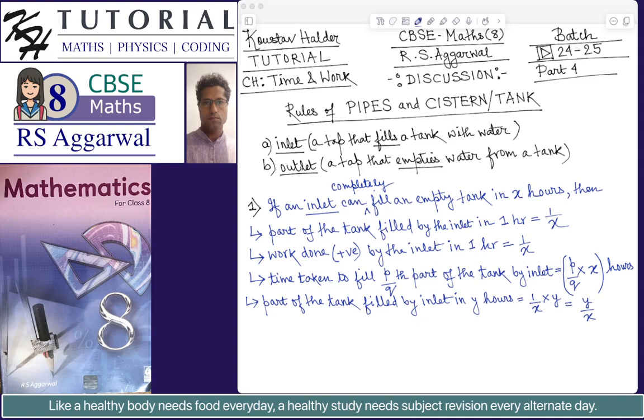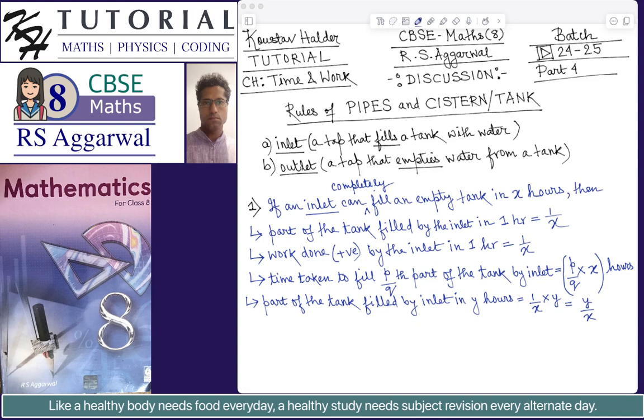Now the pipes or tap. The tap that fills a tank with water is known as inlet, and the tap that empties water from a tank is outlet. That is, if a tap is an inlet, then water is being filled by that tap in the tank, and if a tap is an outlet, that means water is coming out, or water is being emptied from the tank.